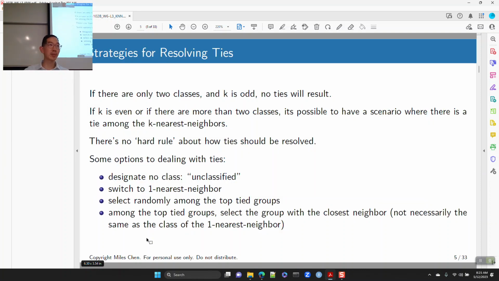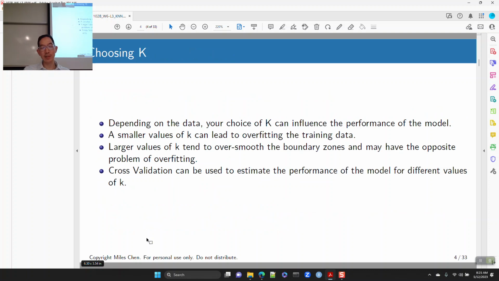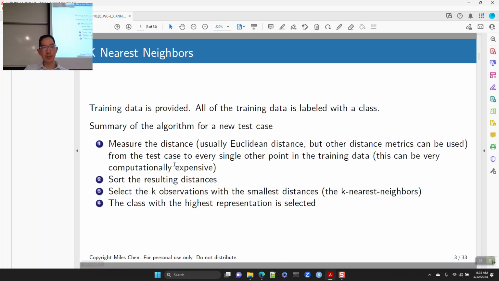And again, during the algorithm, the step where you measure the distance from the test case to every single other point in the training data can become very computationally expensive, depending on how big your data is and on the dimensionality of your data as well.